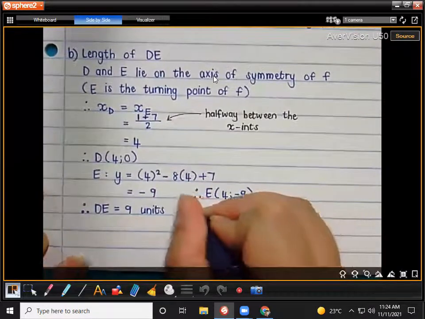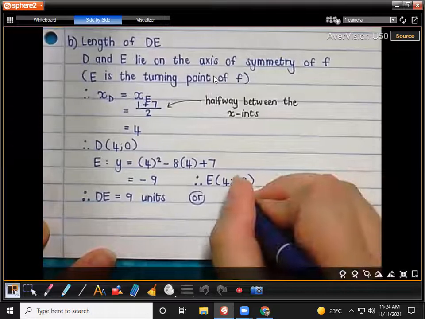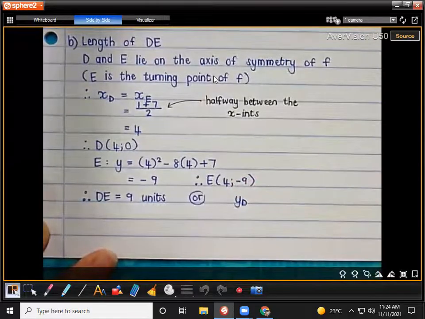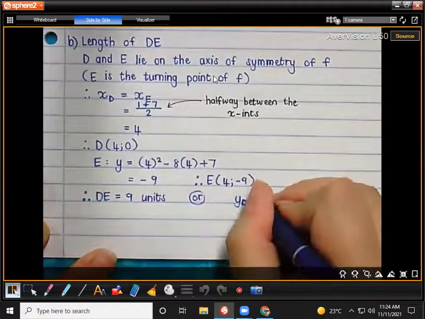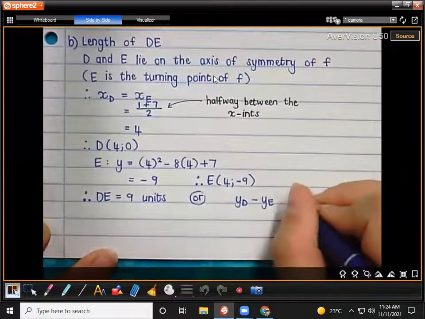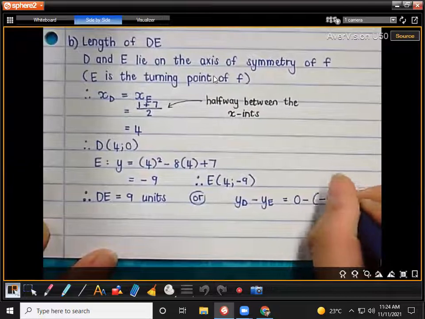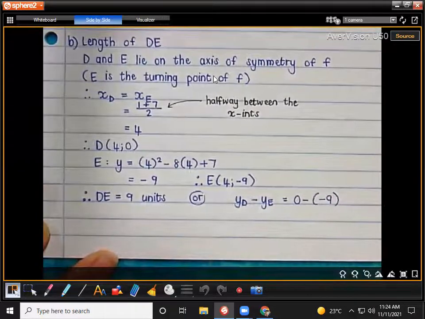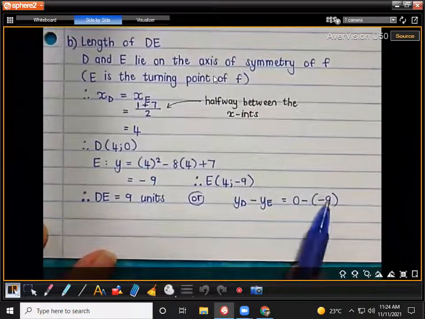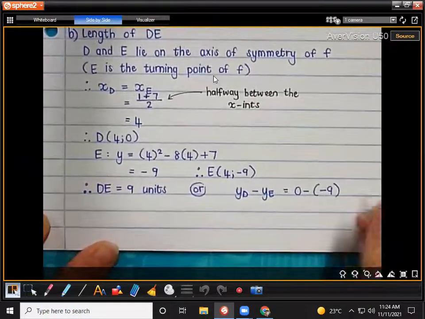Or like we've done with the previous ones, you could take the y value of D because it's the one that's highest, minus the y value of E, in which case you will have 0 minus -9, right? Which does end up giving you 9 because a negative times a negative is a plus.